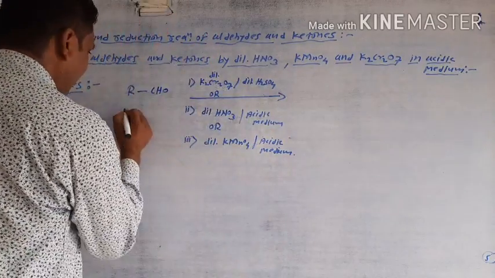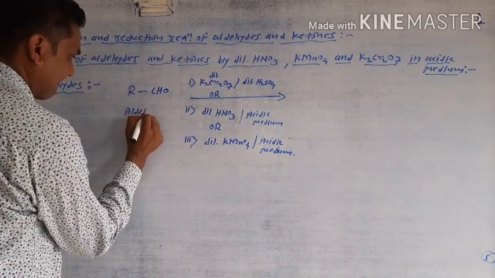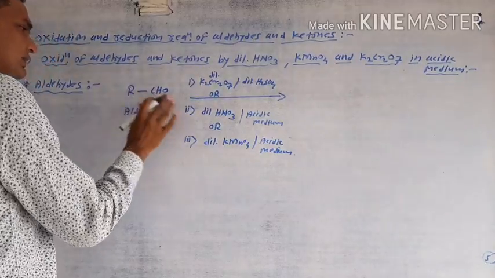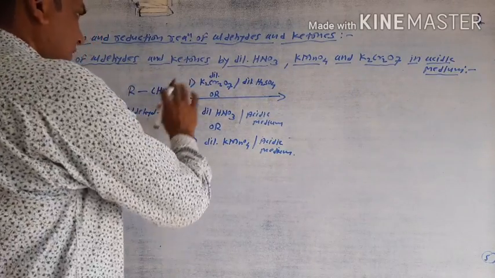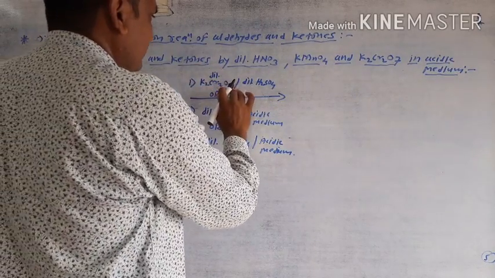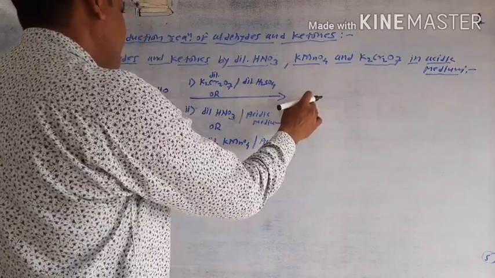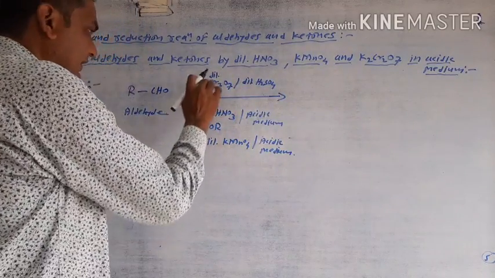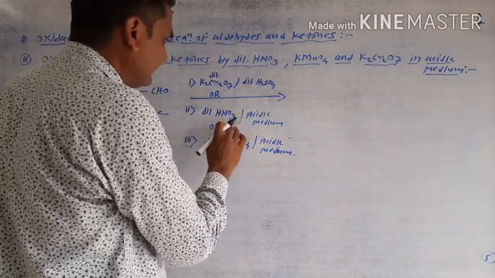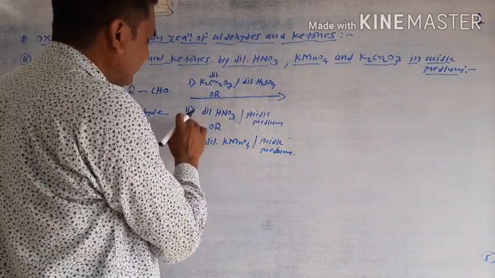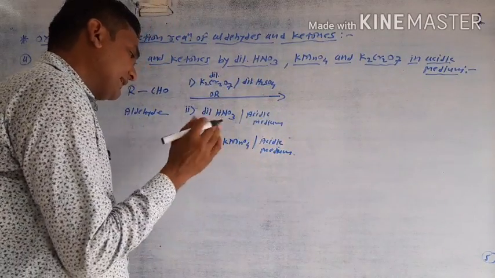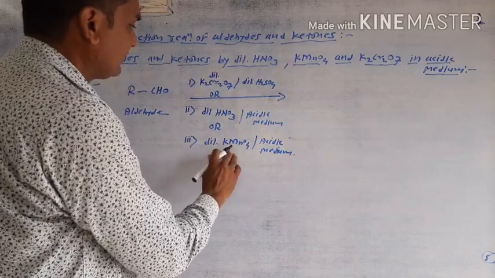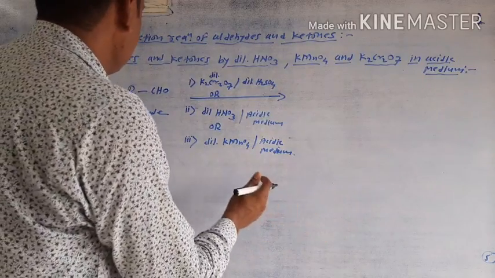This one is the aldehyde. Both types of aldehyde react with K2Cr2O7 in acidic medium like dilute H2SO4. There is also another option for this reagent: the alternative reagent is dilute nitric acid in acidic medium, and another alternative is dilute KMnO4 in acidic medium.